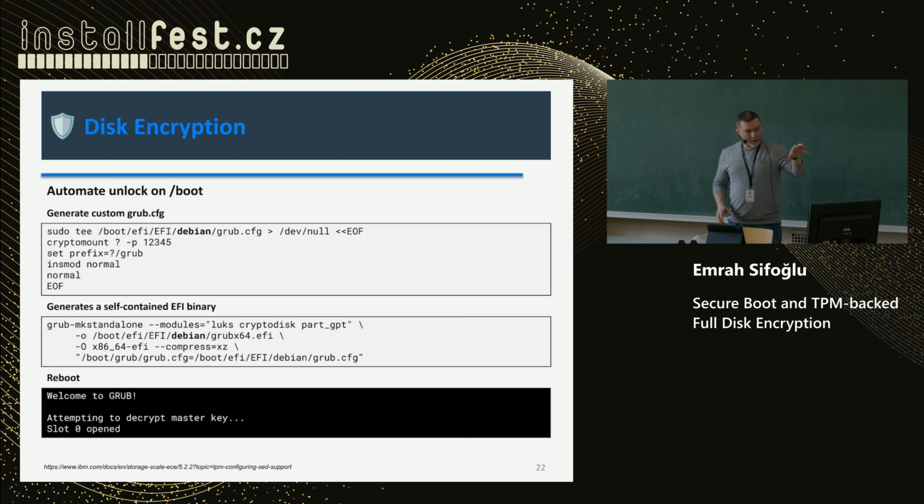So basically you have this configuration file and bake it into the EFI binary. And after that, when you reboot the machine, if everything goes well, you will not be prompted anymore to enter the passphrase, but GRUB will just tell you it is attempting to decrypt the master key, and then say slot 1 is open, and then the rest of the boot process will take over.